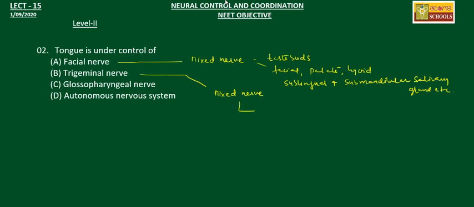It is supplied to the lacrimal glands, the muscles of the lower jaw, and the sublingual and submaxillary salivary glands.